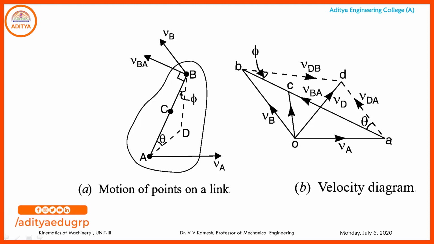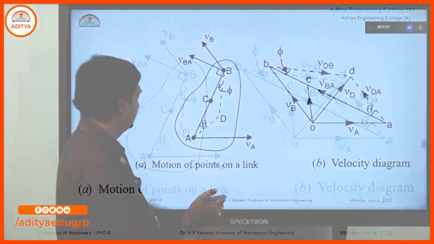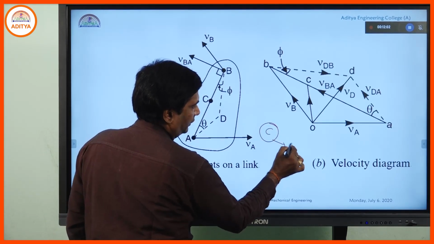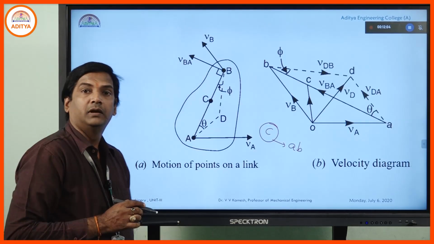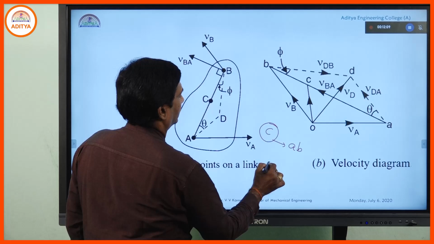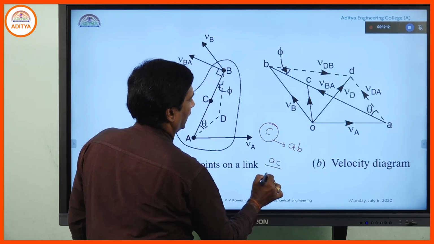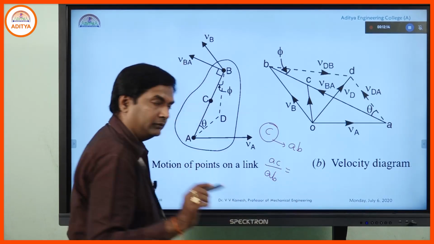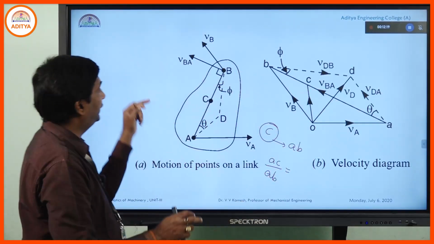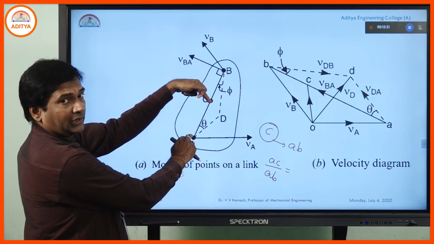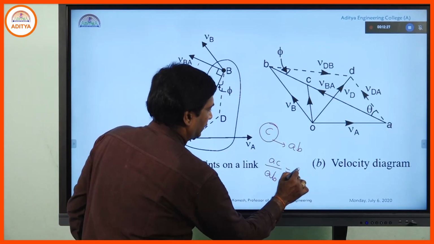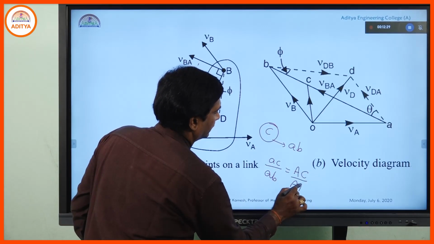So we need to identify the point C on AB. How to identify? ac by ab, small, should be equal to the original length AC divided by the original link length AB.